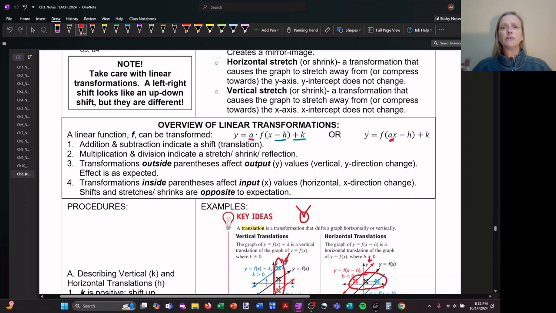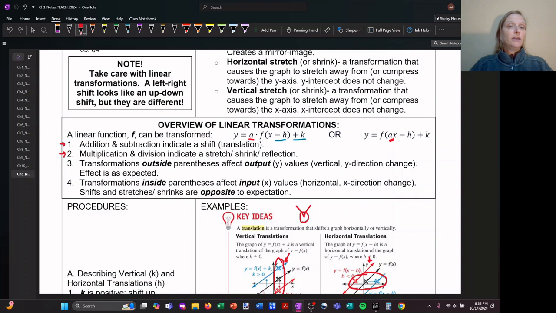And there's a different effect when you do things outside or inside parentheses, and different effects when you add or subtract versus multiply or divide. And so let's look at the summary of the changes that can happen here. First of all, when you add or subtract, there's going to be a shift. There's going to be a translation of some kind. When you multiply or divide, there's going to be a stretch or a shrink or a reflection of some kind.